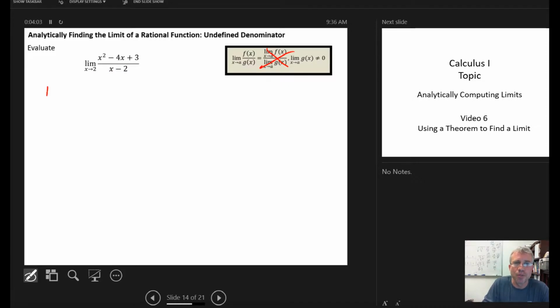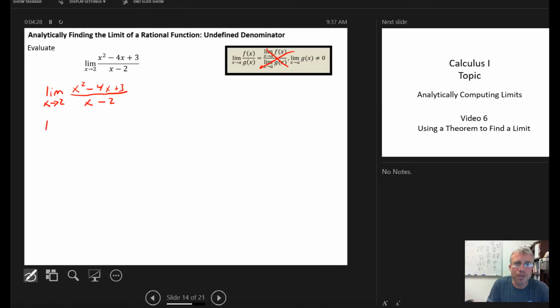So we start off again by rewriting the problem in our own handwriting. The limit as x goes to 2, with this x goes to 2 exactly under the limit symbol here. It doesn't go under the function. The function is off to the side. We get x squared minus 4x plus 3 all over x minus 2.